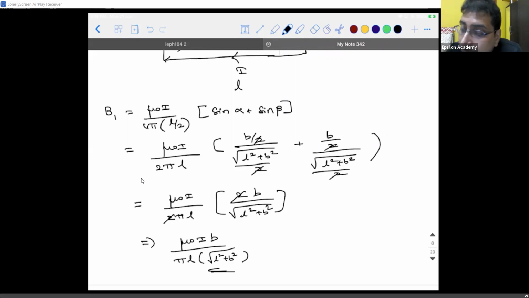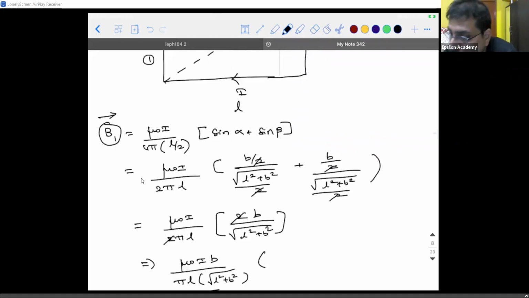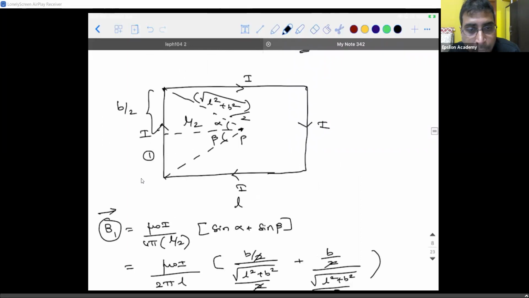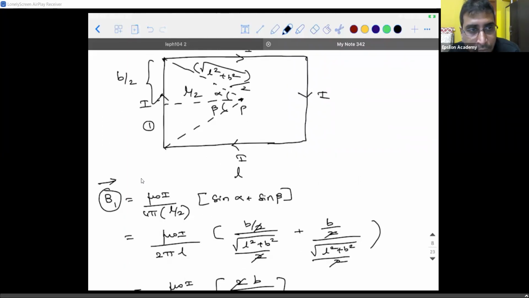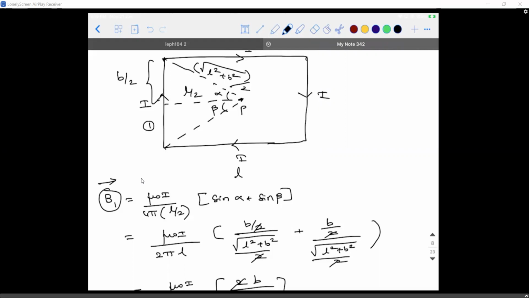Okay, this is the magnetic field due to whom? Due to the first conductor. If I make it as a vector, now tell me the direction, guys. Is it into the plane or out of the plane? Into the plane, sir. That's right.